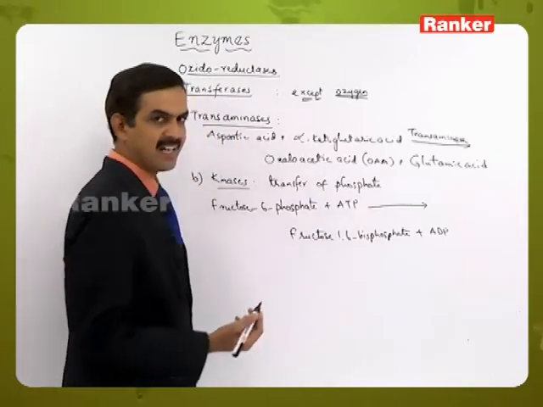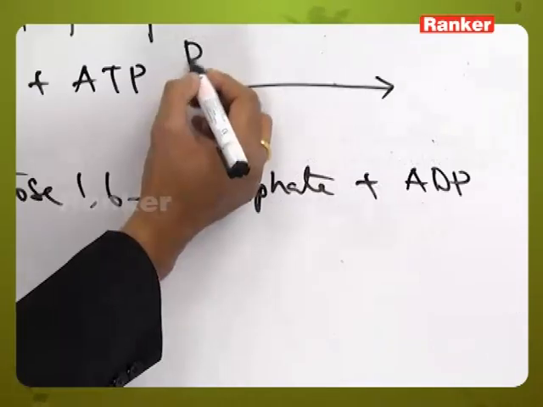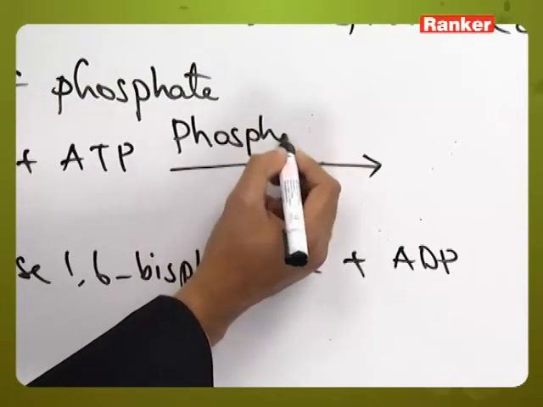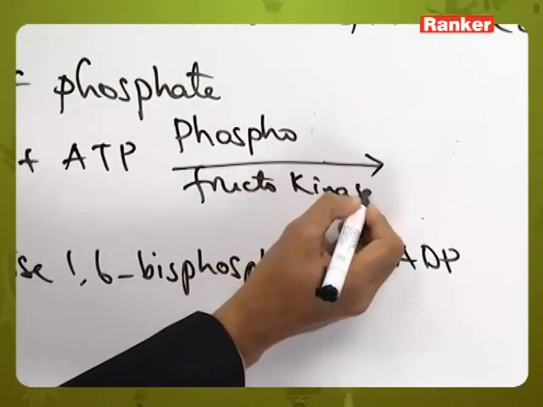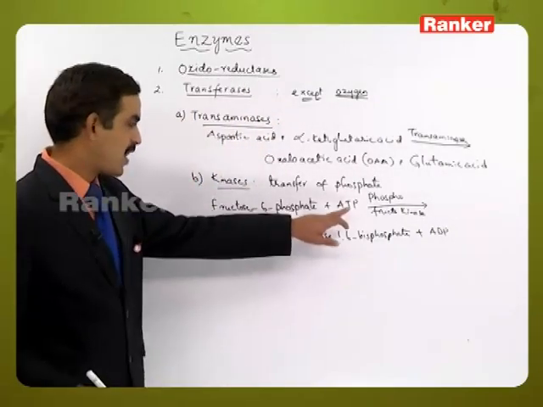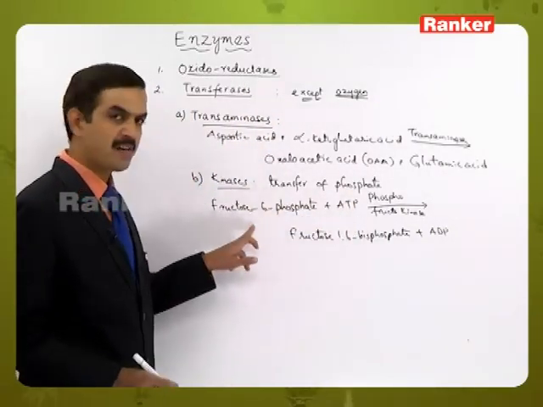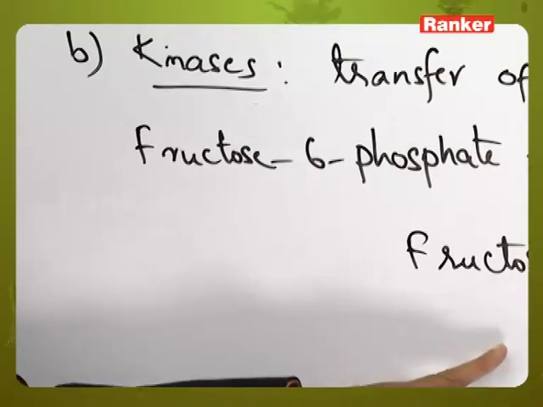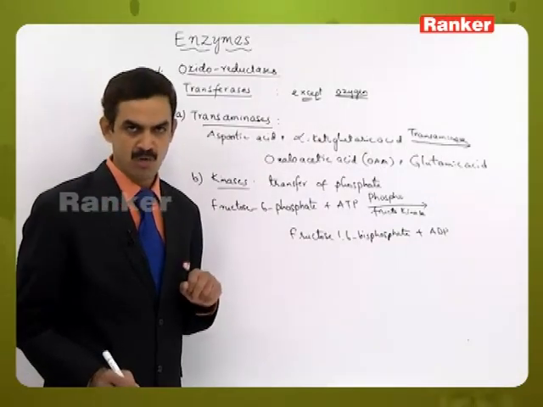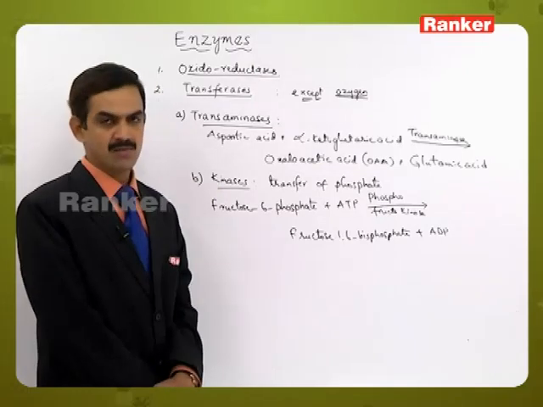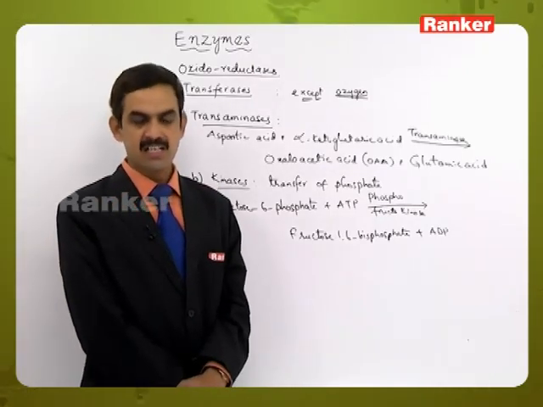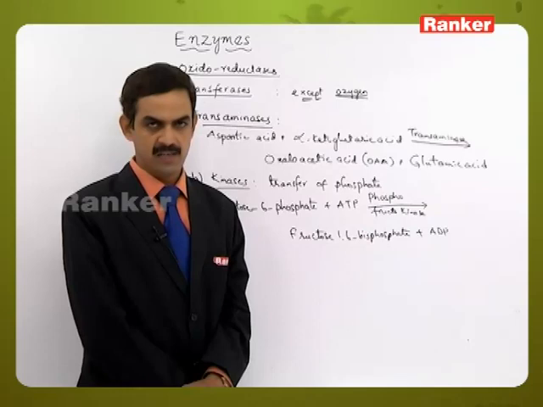This is catalyzed by an enzyme called phosphofructokinase. So the phosphate is transferred from ATP to fructose 6-phosphate, converting it into fructose 1,6-bisphosphate. These are the two subclasses discussed which are present in the transferases.